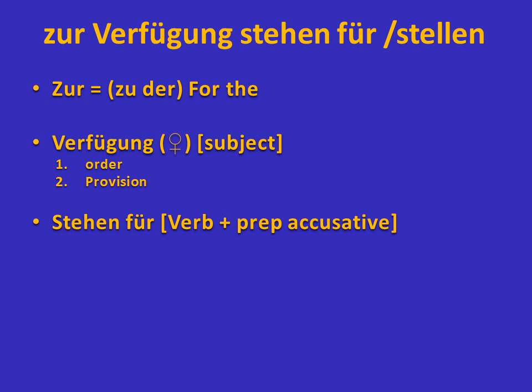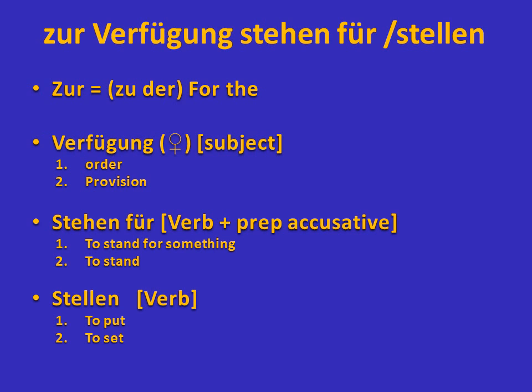The first verb that we normally could use is "stehen für". Normally it is also with the preposition in accusative, and means to stand for something or to stand. "Stellen" is the second verb, is also in accusative and means to put or to set.